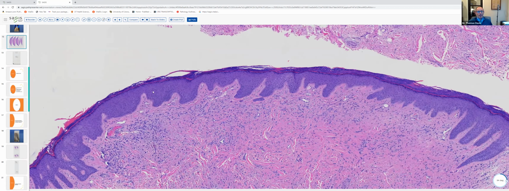These cells have round to oval nuclei, a little bit pleomorphic, and really abundant eosinophilic cytoplasm. They resemble epithelioid histiocytes. Some of these, if you take a look, are actually nested. They form small nests within the papillary dermis.